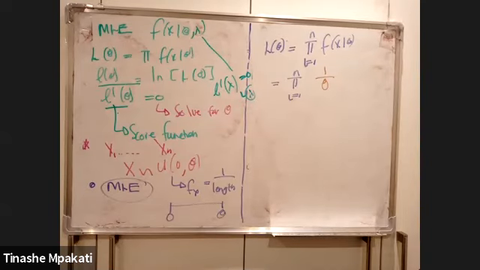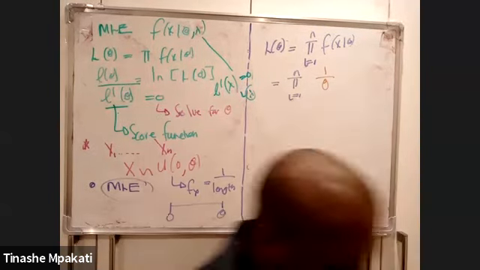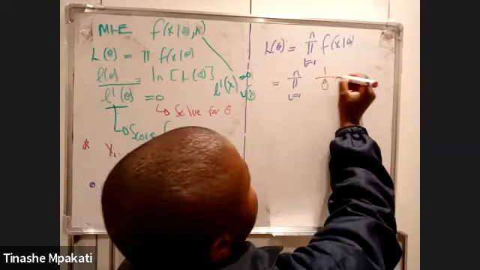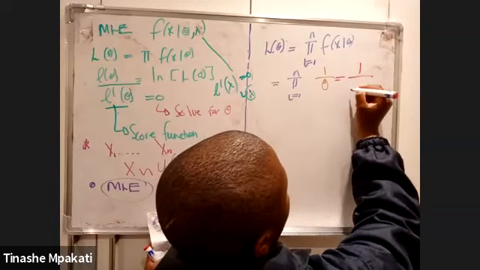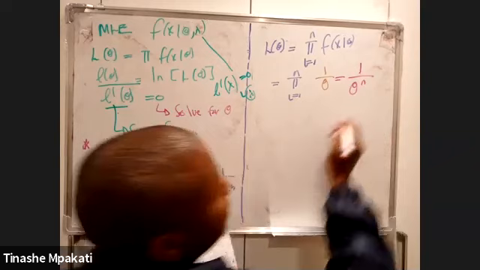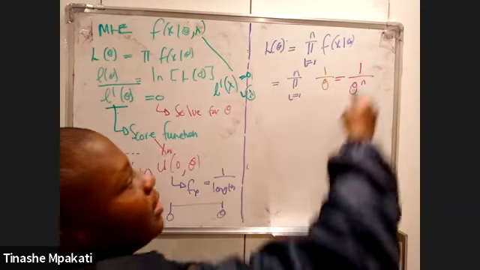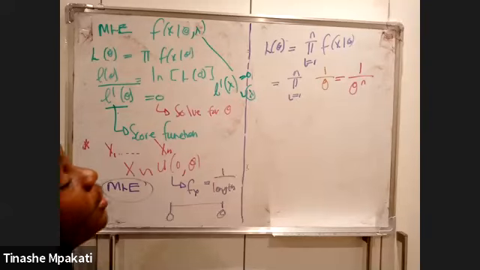The next thing we do is take the log likelihood function. But before we do that, we can simplify this so that the likelihood is equal to 1 over theta to the power n, because we are multiplying 1 over theta many times.